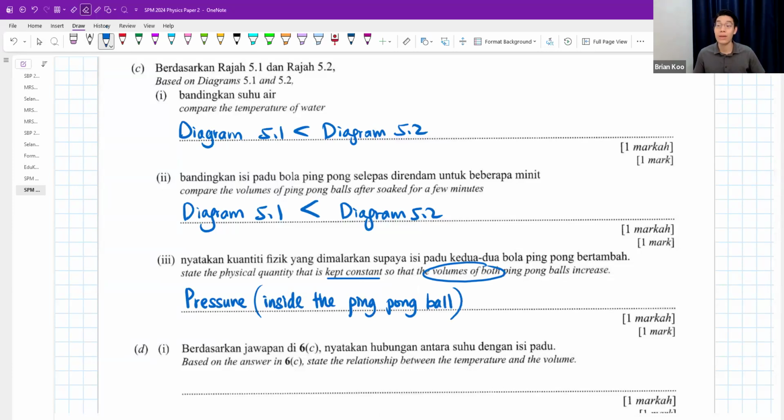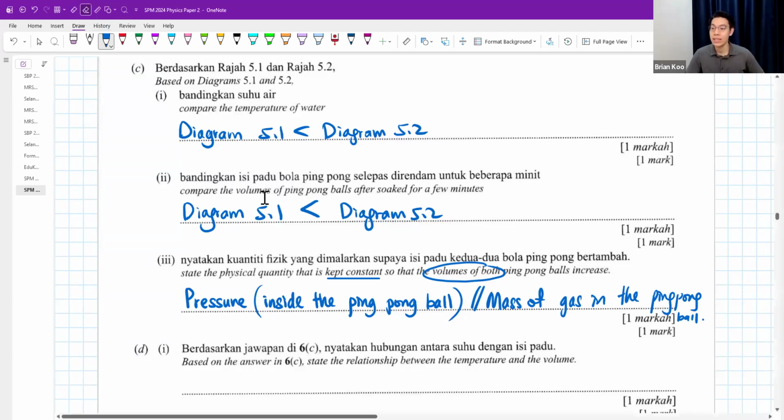It is all right. You can be more specific. I know the question is asking for a physical quantity, but you can be specific. You can also mention the mass of gas in the ping pong ball. Or you just write mass, we also accept mass of gas.